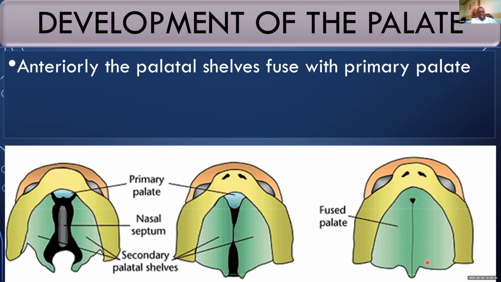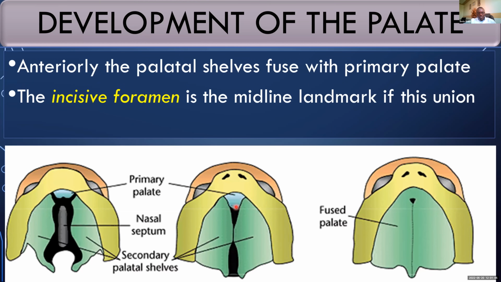Now, the shelves that form the secondary palate, the shelves from the maxillary prominence, fuse also with the primary palate. And we can see that one here. So there's also fusion between the secondary palate and the primary palate.